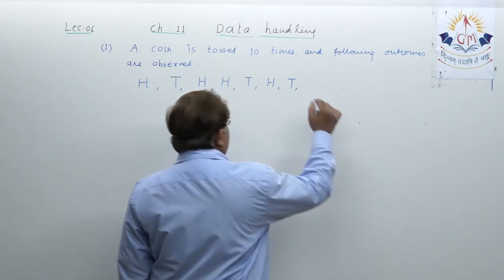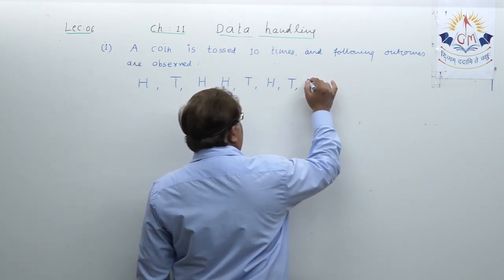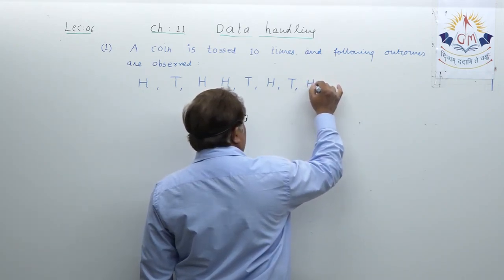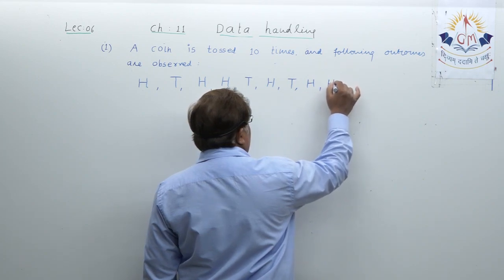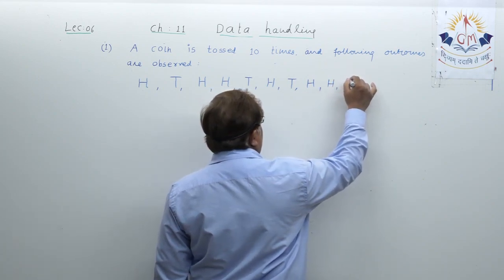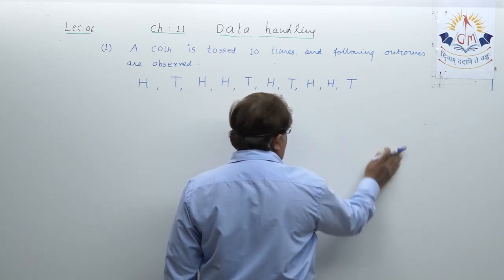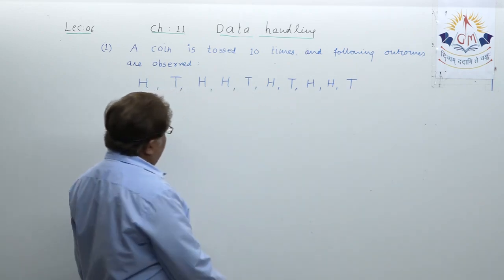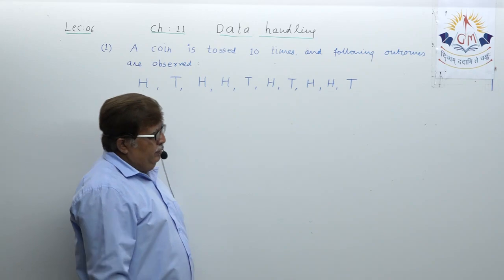Then again H appeared as the outcome, again H, and at last we got T as the outcome.